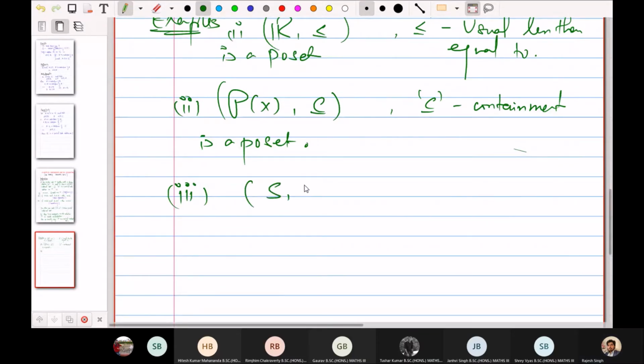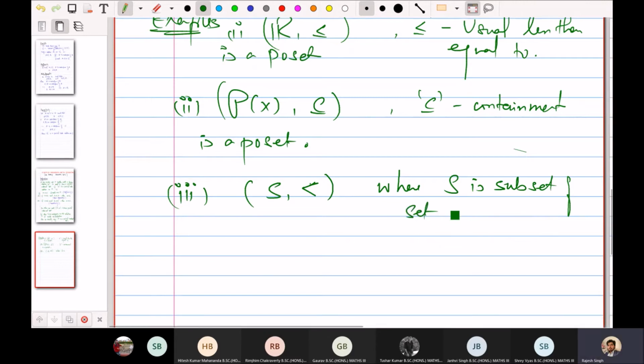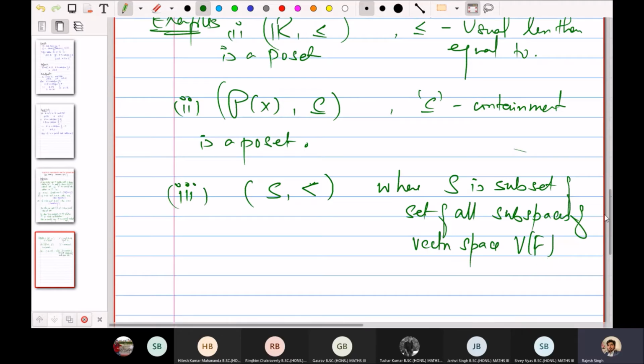S with सबस्पेस के लिए कौन से सिंबल होता था? आई थिंक यही होता था ना. दिस वाज द सिंबल फॉर सबस्पेस where S is subset of set of all subspaces of vector space VF, right?